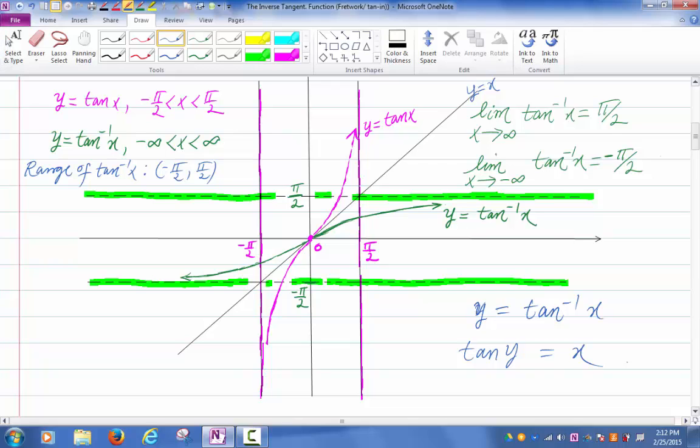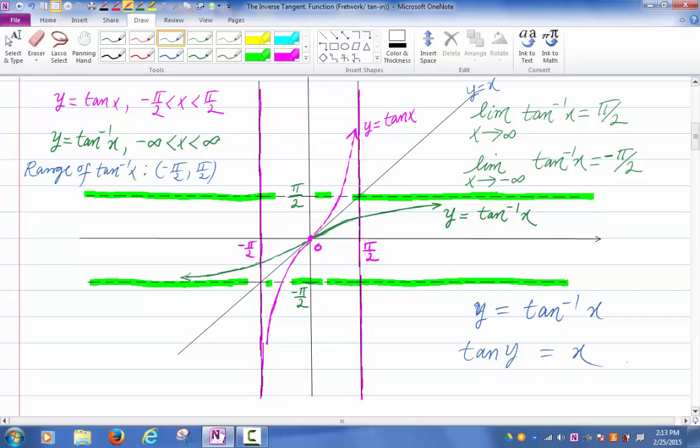Now, as x goes to infinity, tangent of y goes to infinity, right? But look at the tangent graph. Doesn't that mean that y has to go to pi over 2? The only way tangent of an angle goes to infinity is when the angle is approaching pi over 2.